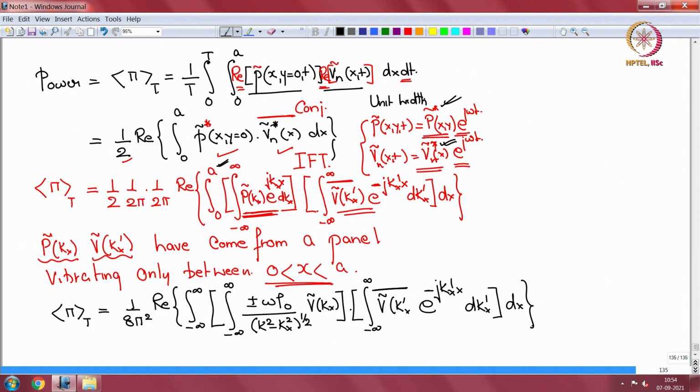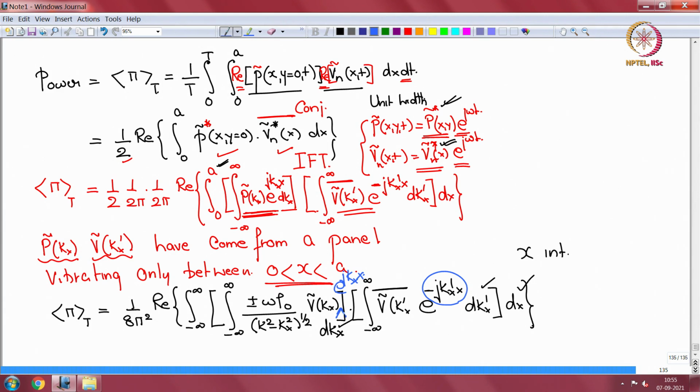Okay, so now it should be dkx here, dkx here. There is a dkx and a dkx dash integral and a dx integral. So we have to do one of these first, and we'll do the x integral first. Why? Because x occurs here. One more thing here, e to the power of j kxx, I missed that out.